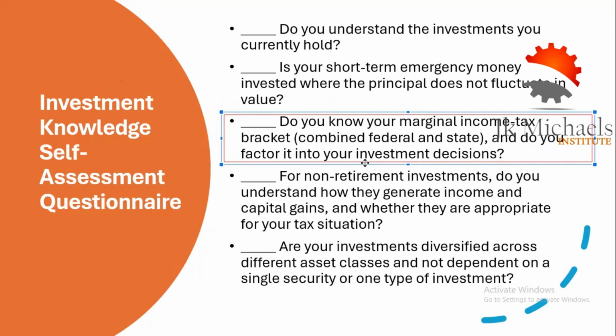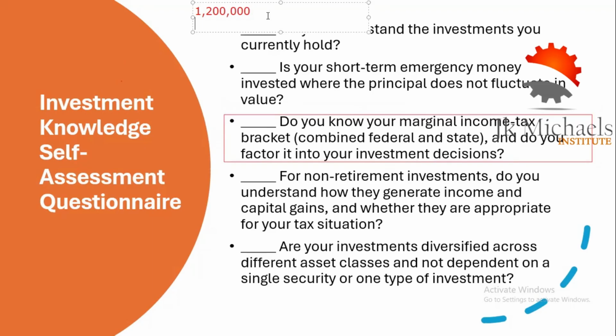Now, marginal income tax bracket is the additional amount you pay as tax because of an additional earned income. So in Nigeria, if you earn about 1.2 million annually, let's remove other factors, 800,000 is exempt from tax.